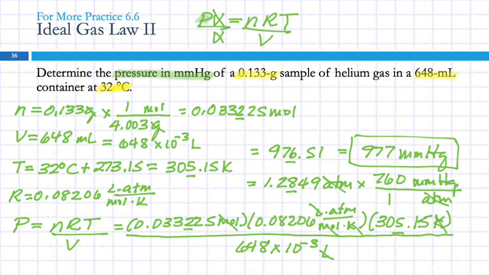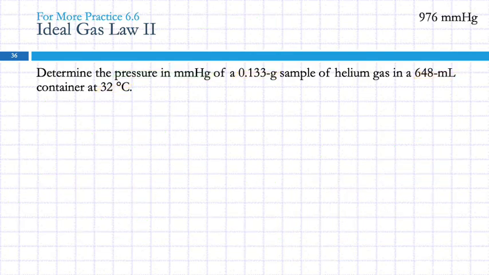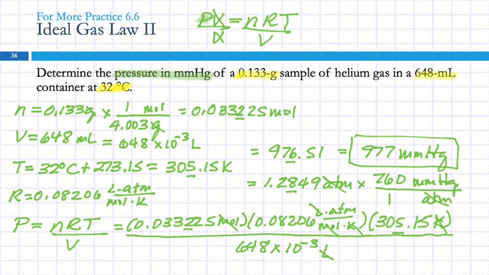Any questions? This is 976. Anybody else do it in a calculator? Did you get 976.5? I think that's probably because I included the 0.15.